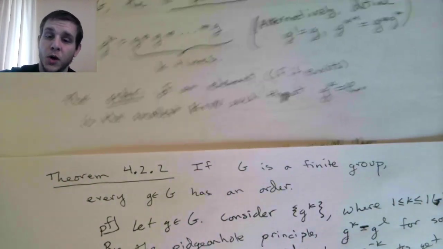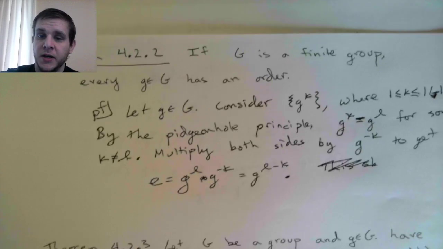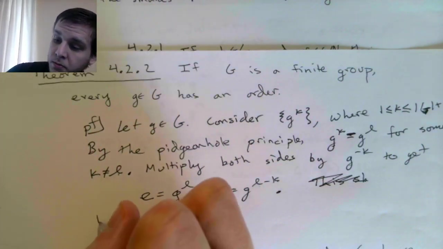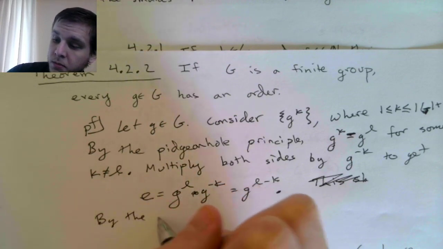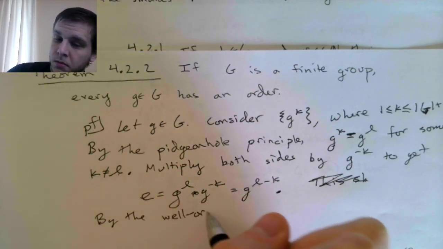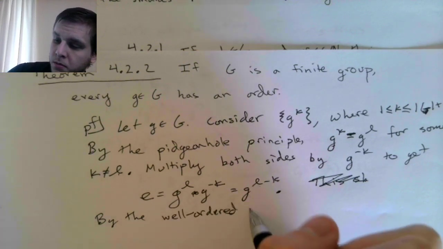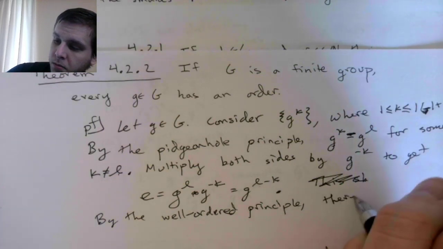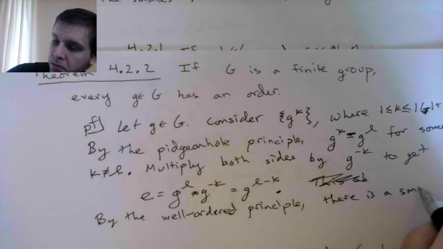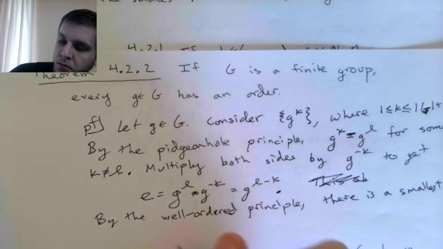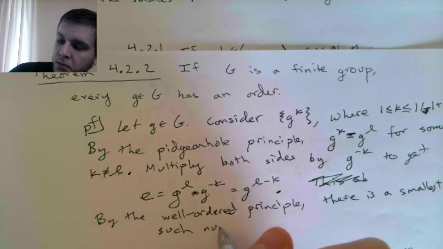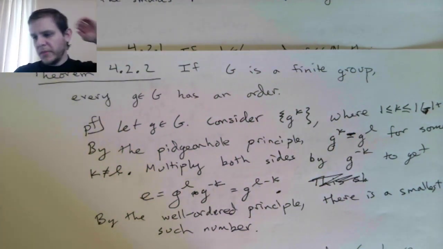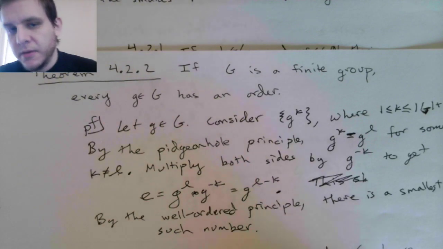So once I have at least one, where it comes back to the identity once, there has to be a smallest number by the well-ordering principle. Okay. Like I said, very easy.